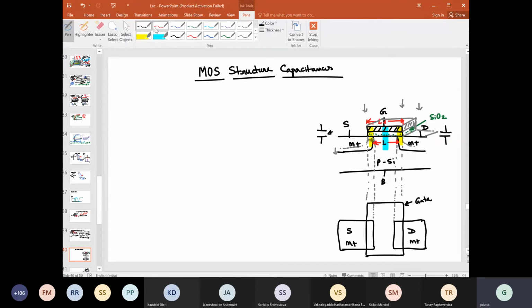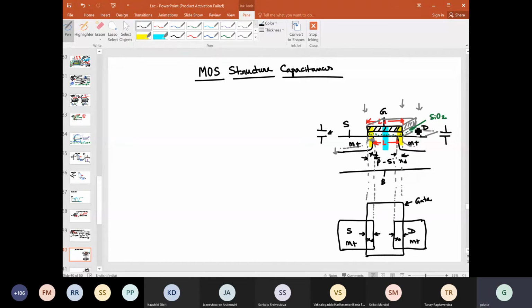Now suppose this overlapped region thickness is xd. Then we can also assume that this side also it will be xd, right, because it is a symmetric device. So in the top view also this is xd, this is also xd, right?